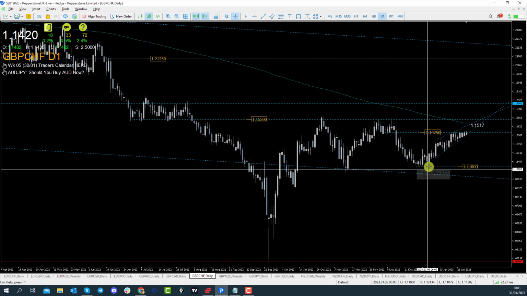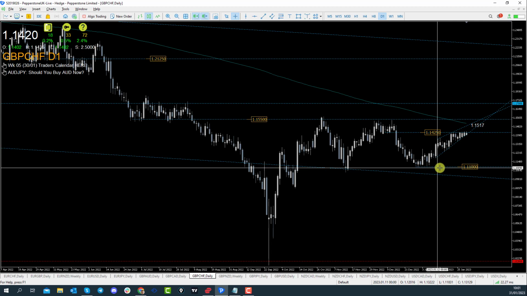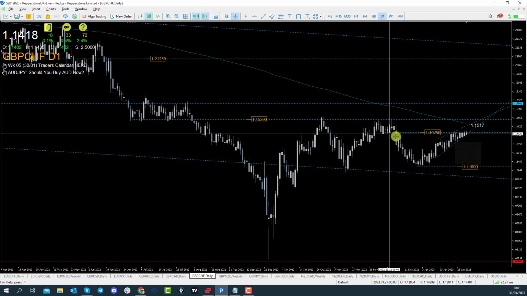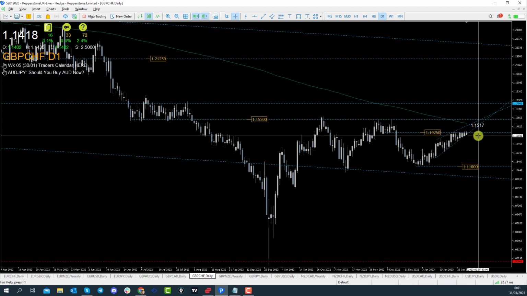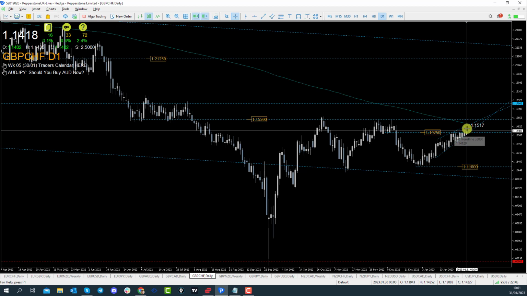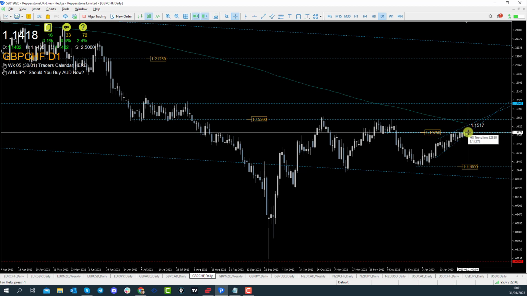We then found support around the 1.1100, and we've traded all the way back up into this neckline resistance at the 1.1425, and price is really struggling to get through this point at the moment.